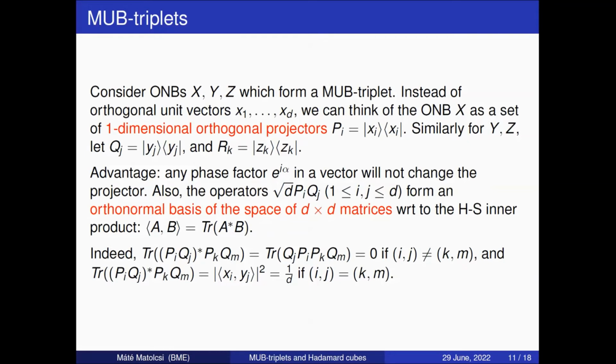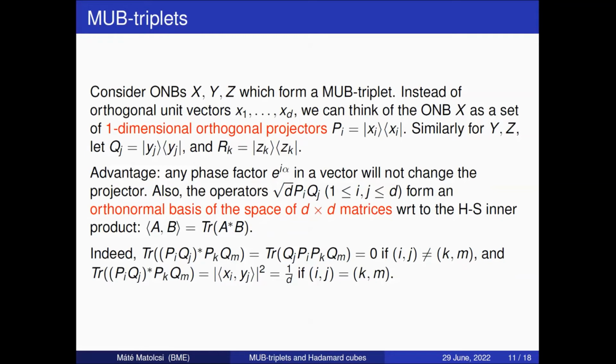And also we have that when you have two MUBs, these operators Pi, Qj form an orthonormal basis in the space of D by D matrices. Of course, you have to normalize, I think, by root D with respect to the Hilbert-Schmidt inner product. And I wrote out the proof, which is pretty simple.